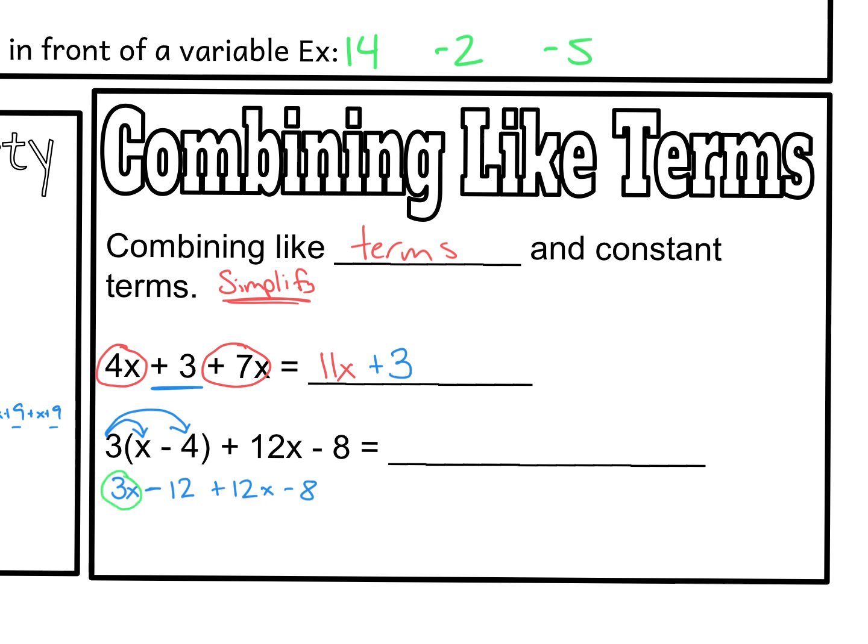In this case, I have a positive 3x and a positive 12x. So 3x plus 12x is a total of 15 x's. And now I have negative 12 and a negative 8. So altogether, I have 20 negatives. So this is going to be minus 20.